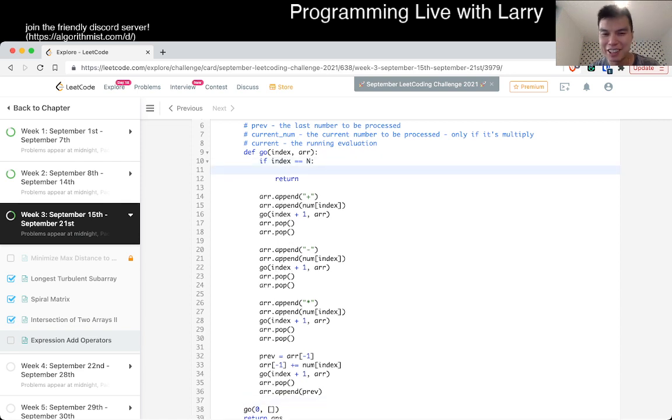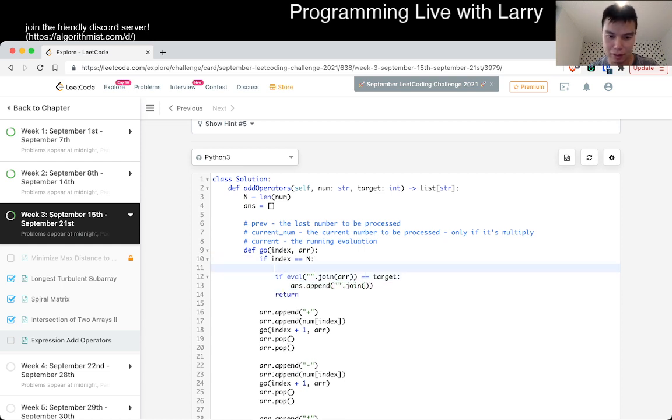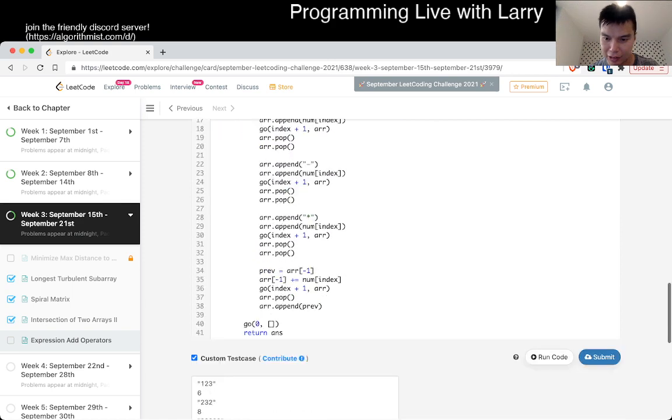Yeah, actually, what if I just did something like this? Would that work? I actually did not think about this until just now. We'll see if this works. We have to do leading zero stuff, but that's easy relative to other stuff.